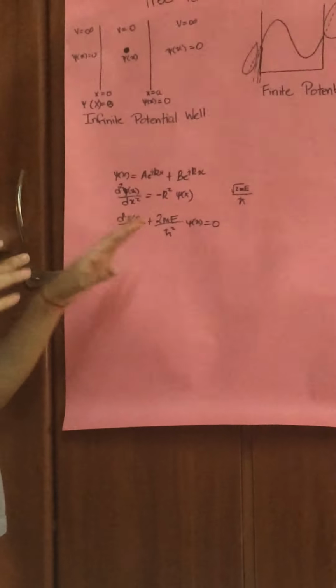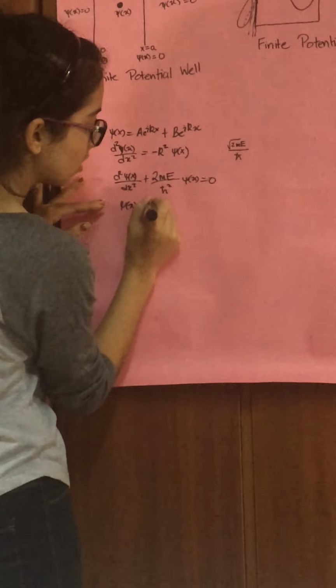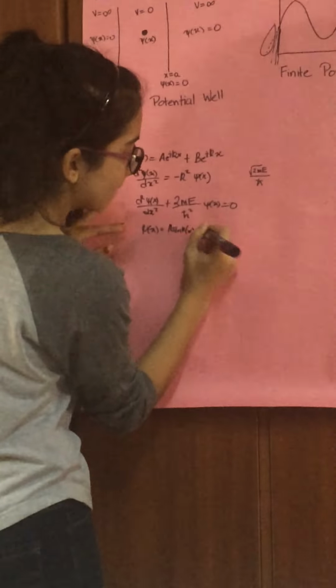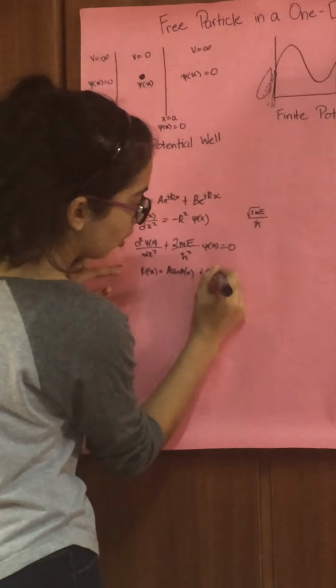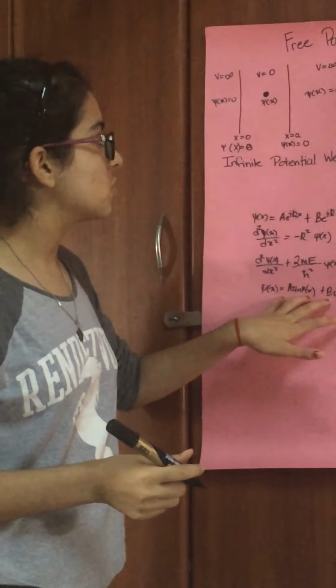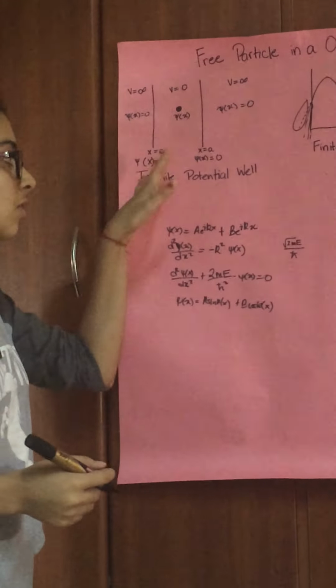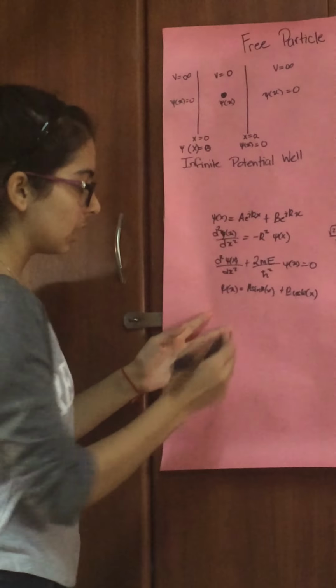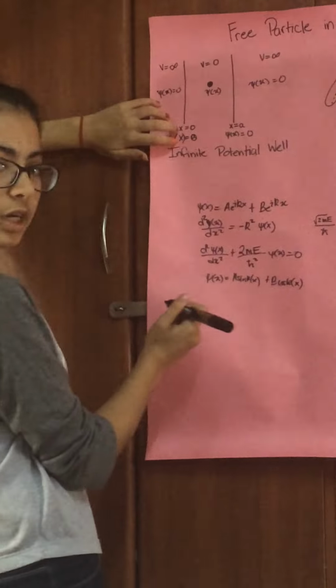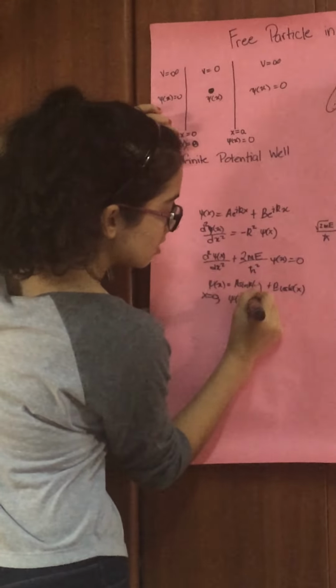Now with this function, we know that a solution is definitely going to be phi of x equals a sine kx plus b cos kx. So now that we have this function, we take the values at the walls of the infinite potential well and substitute them in here. For this point, we have x equals 0 and phi of x equals 0.